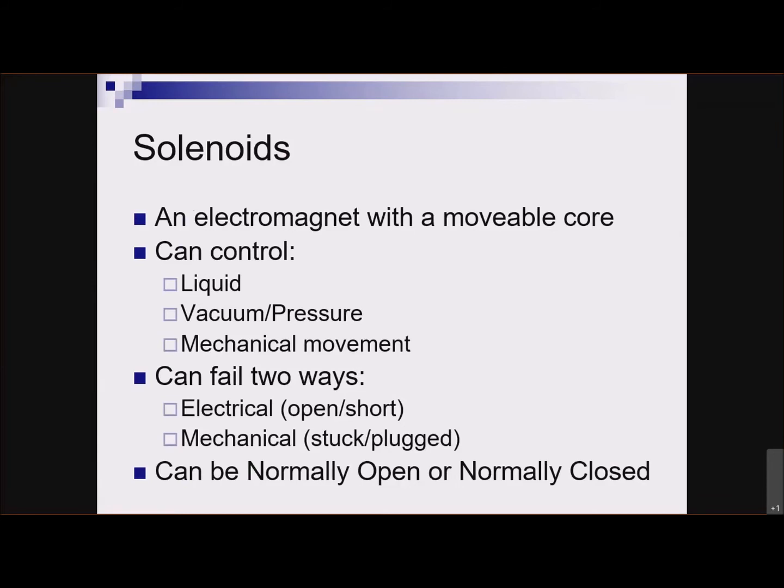When it comes to a solenoid, if it's not working, it could be that the solenoid coil, the electromagnet inside, has gone bad. If you can find a spec for that, you can ohmmeter check that. Or they may be seeming to work fine. In other words, you can hear it open and close, you can feel it open and close when you energize it. But mechanically, it can be plugged.